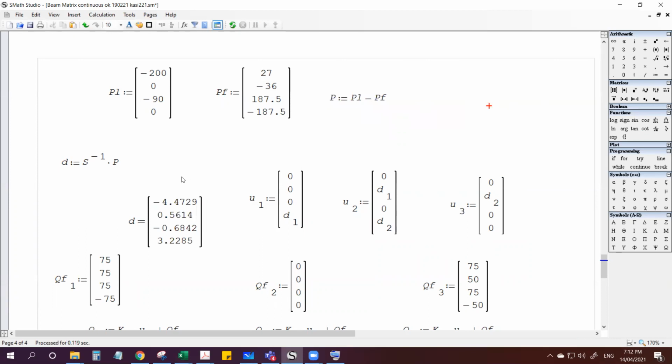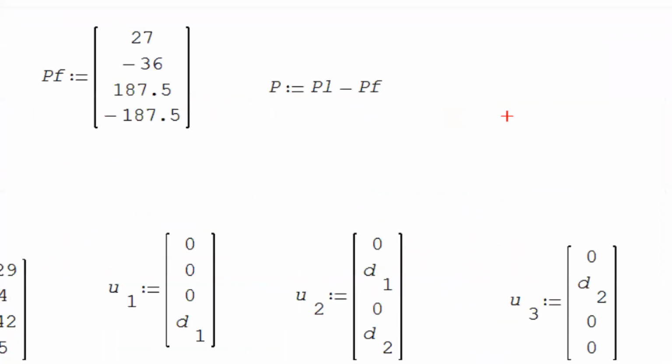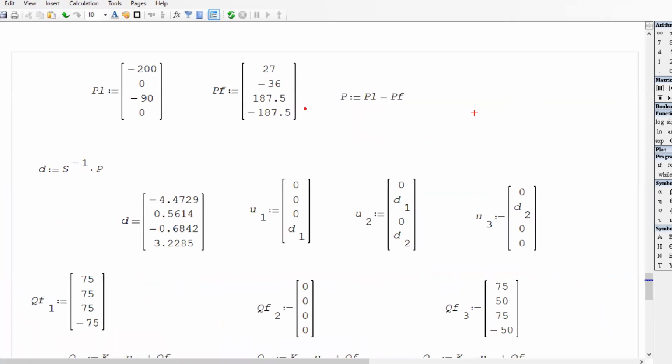So that's it. It's already good. So this now is P minus PF, which is this.